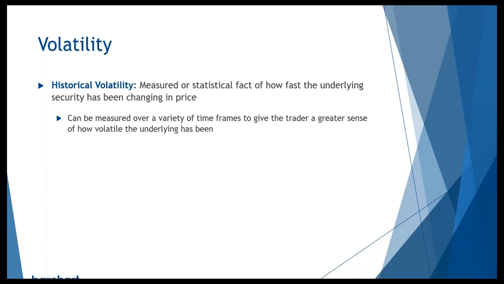It can be measured over a variety of time frames, giving traders a greater sense of how volatile that stock is. We'll only use historical volatility as a comparison; that's its real purpose.